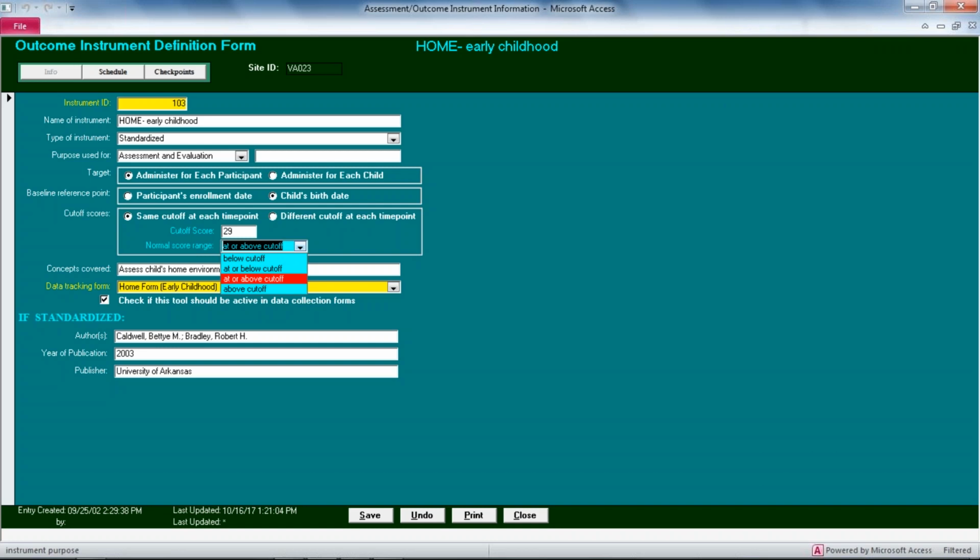Others, like this instrument, the home, like the ASQ, the normal range is above whatever the cutoff is, so a high score is better. So the cutoff for this is 29, and the normal is above that. If a child scores below 29, they're not within normal limits.